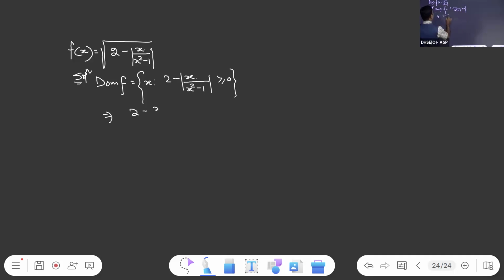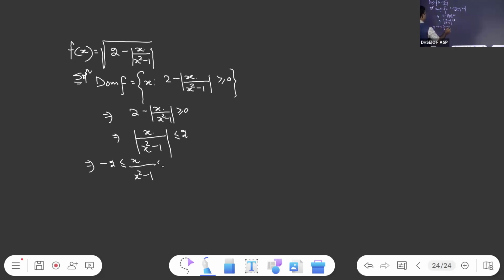This implies x upon x square minus 1 mod less or equal to 2. This implies minus 2 less or equal to x upon x square minus 1 less or equal to 2.